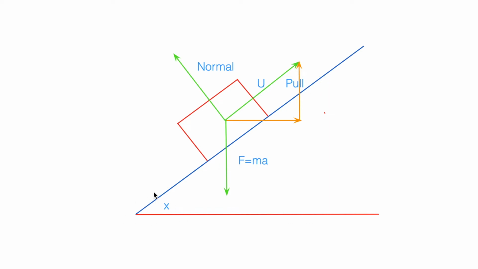If you were to pick this angle up and shift it up there, this line is parallel to this line, and this line is parallel to that line. So that angle right in there is x. That's nice and simple to work out. So for that force, this will be u times sine x, and this horizontal component will be u times cos x. That's pretty easy to see straight away. That should be a capital U.